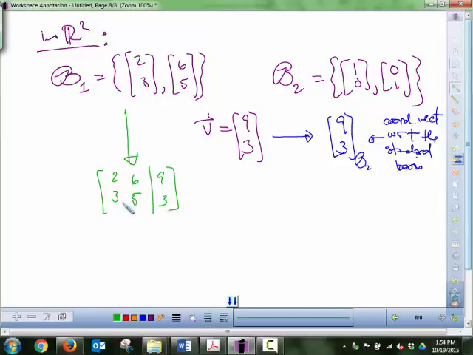You know where I got this from? We'll call these v1 and v2. You say c1 v1 plus c2 v2 is equal to our vector v. Then you write a system, write it as an augmented matrix, and then you row reduce this.